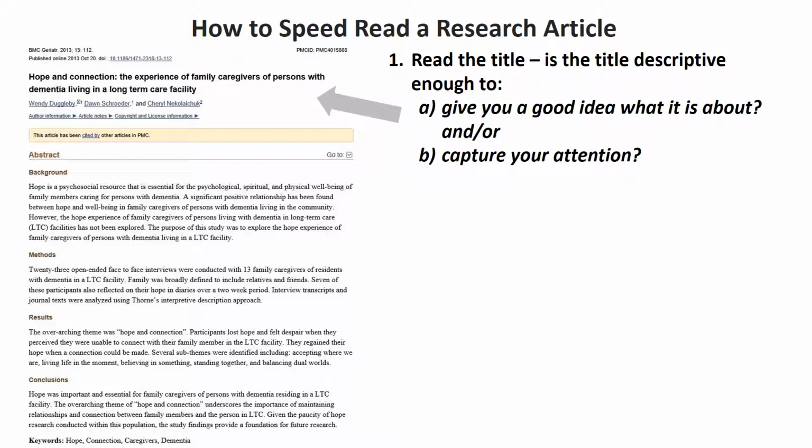The title is descriptive enough. It not only gives me a good idea of what it's about, hope and connection with family caregivers of persons with dementia living in a long-term care facility. It also captures my attention because this is exactly the issue that the social worker is concerned about, that they're going to have to take the patient and put them in a long-term care nursing facility, and what's going to happen with the family.